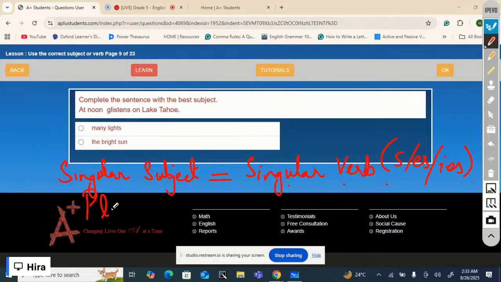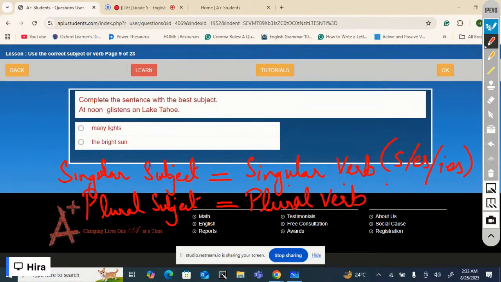But if the subject is plural, meaning more than one person, place, animal, or thing, plural subject means plural verb. And what is a plural verb? A plural verb does not have any s, es, or ies in the end. It's a simple verb without any s or ies in the end.